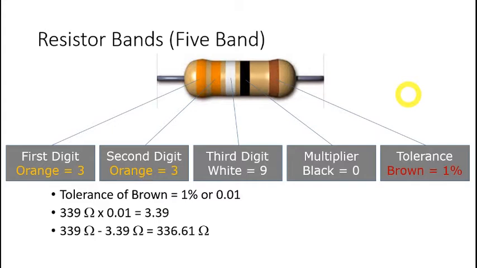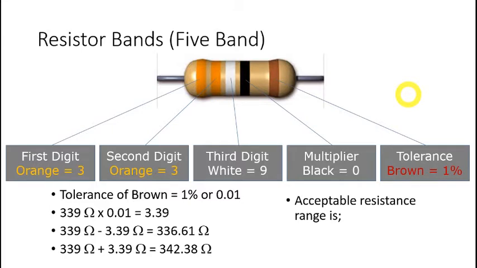And if we subtract that from 339, we're going to get 336.61. And if we add it, we're going to get 342.39. So our acceptable resistance range is going to be 336.61 to 342.39. Okay, that's my acceptable range. You can see it's a much tighter range on this precision resistor, and that's why it is called a precision resistor.